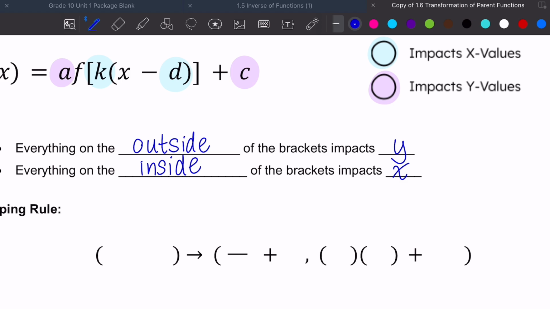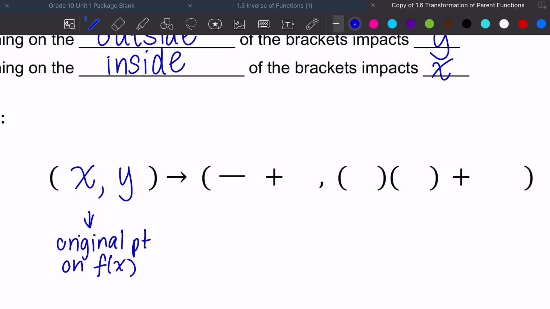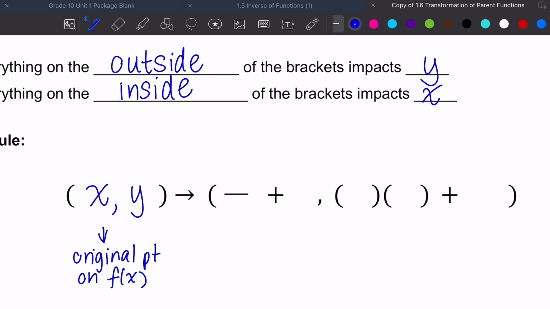So for any coordinate point that's on your original function, an original point on f at x, you're gonna send it through the mapping rule, which using your values of transformations, you're gonna say x over k plus d. So you've got your two values that are impacting x, and then a comma. That's just gonna be your new x coordinate.